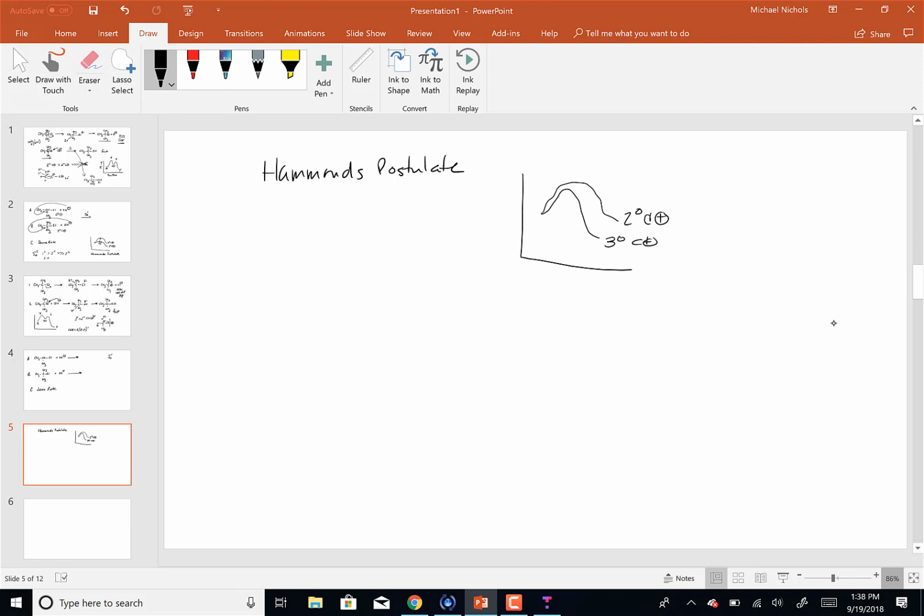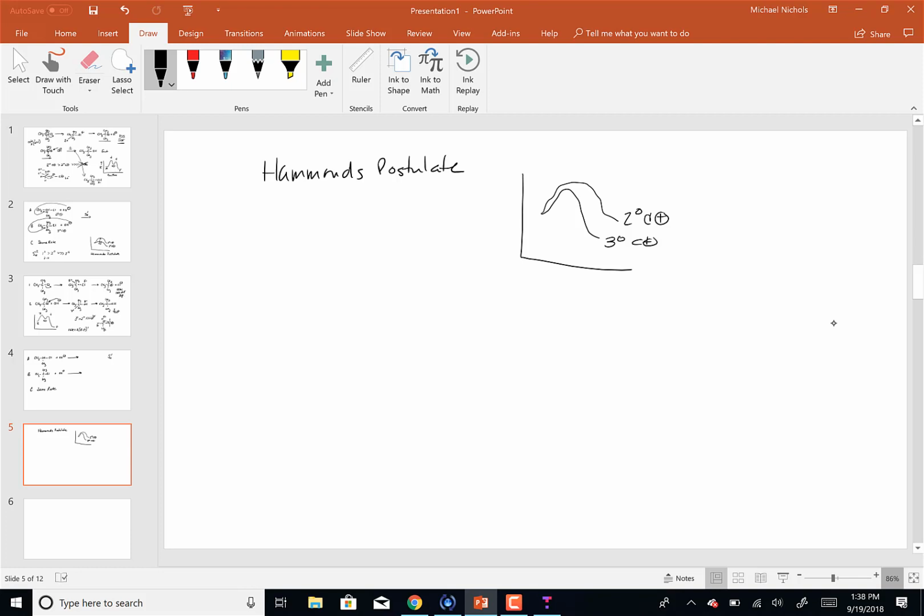Actually, the diagram, the red and the green one that I gave you at the beginning, would be the perfect one to use. So the more stable the product, the lower its transition state energy. Okay? And so that's how we interpret Hammond's postulate.